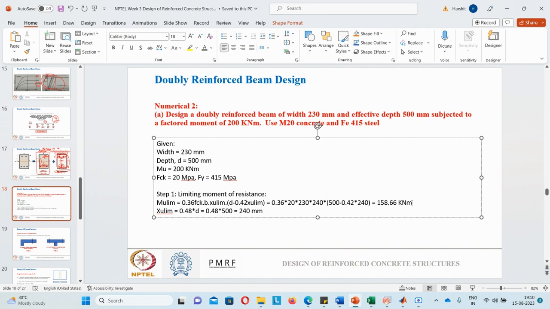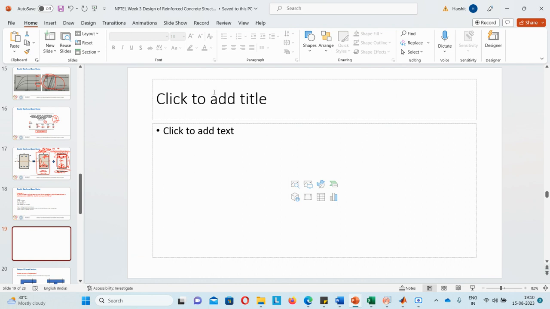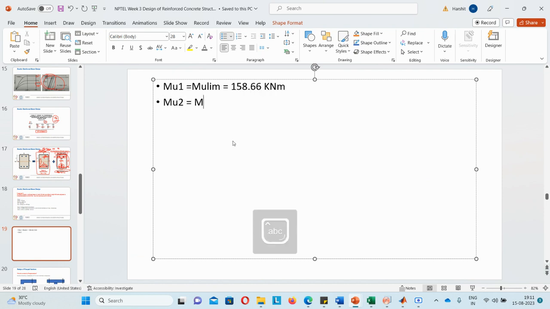I will take a new slide. So my Mu1 will be equal to Mu limiting, which is 158.66 kilonewton meter, and my Mu2 will be nothing but Mu minus Mu1.